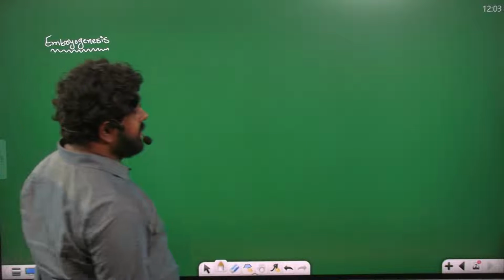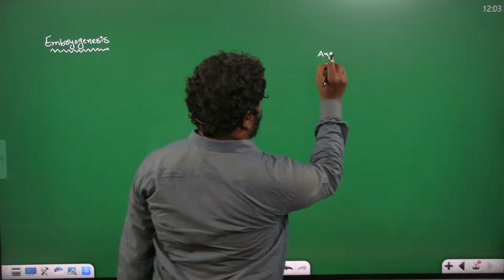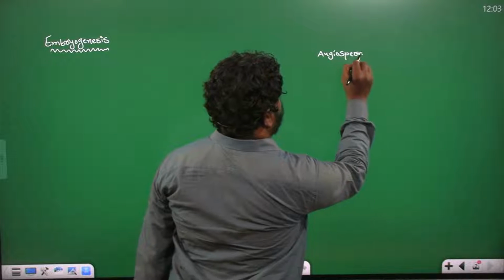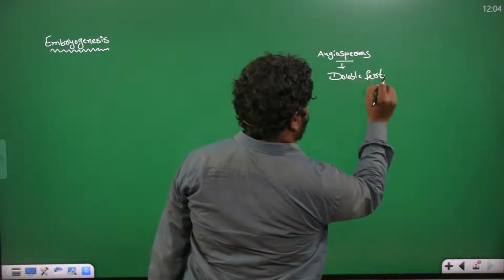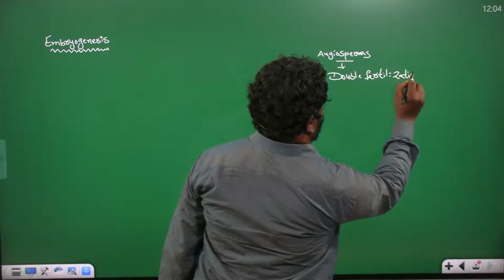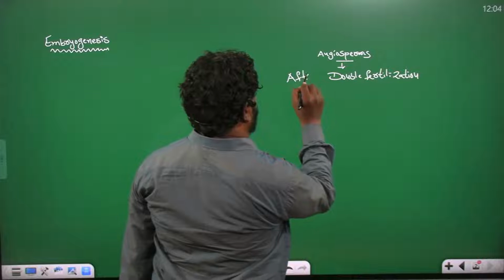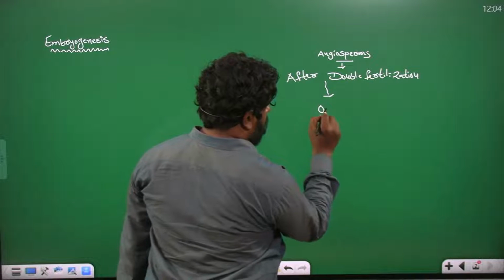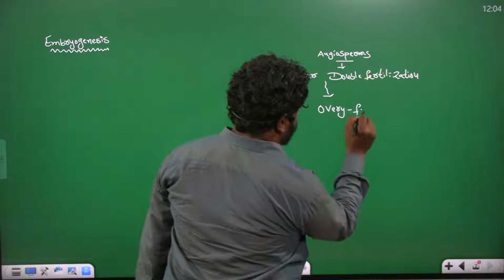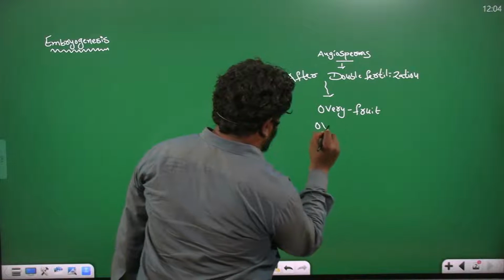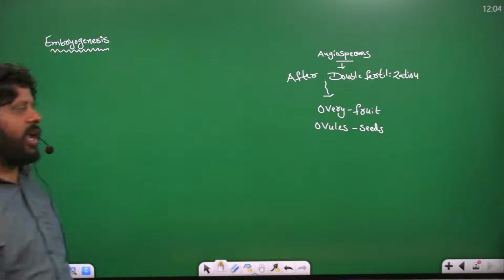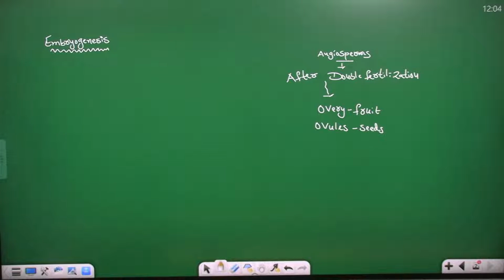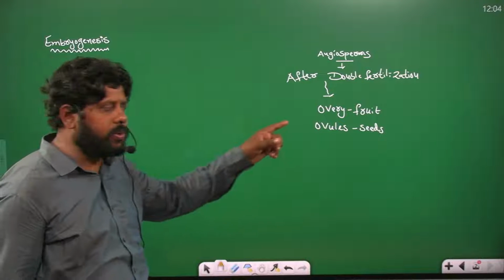Okay, see, listen, in case of angiosperm, after double fertilization, ovary developed into fruit and ovules are developed into seeds.